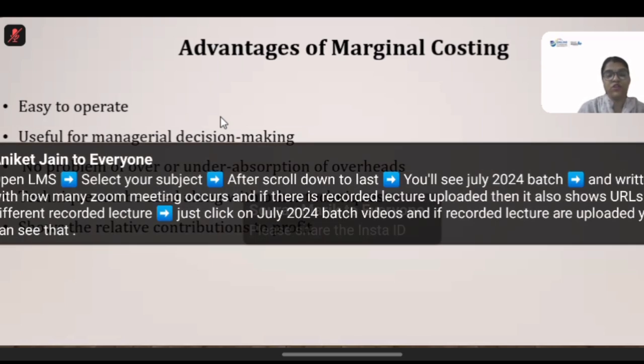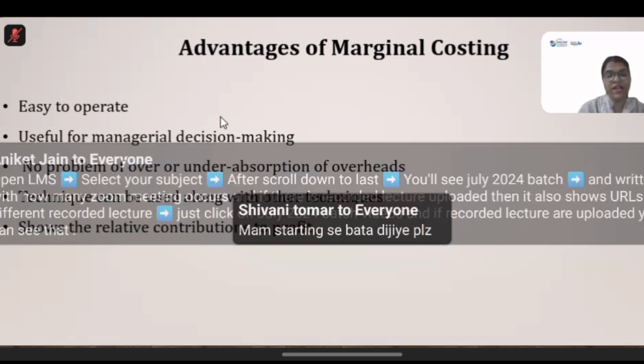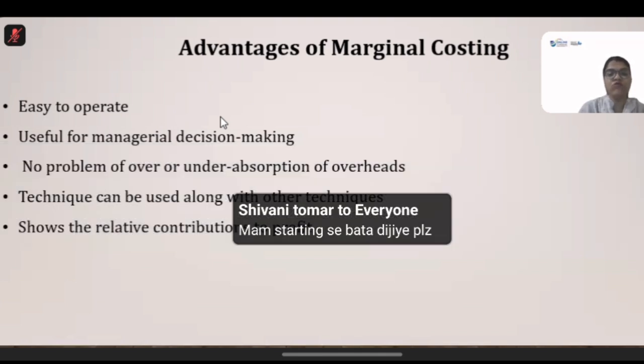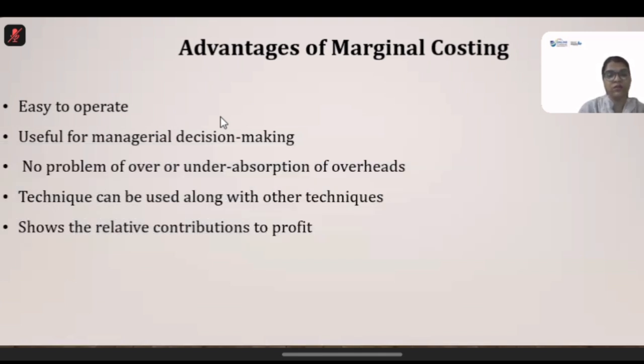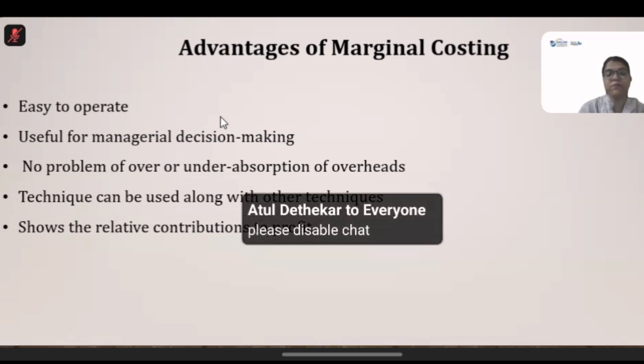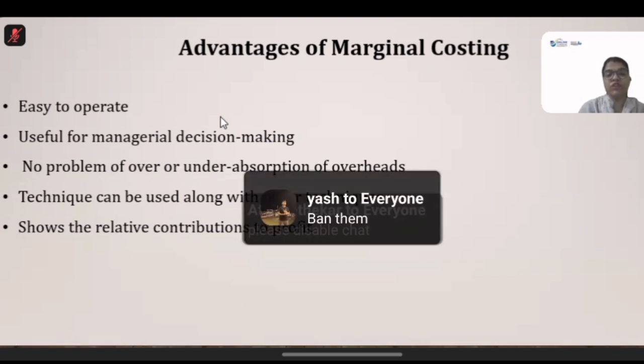Tarini, you want me to remove you from the class? What is this Instagram ID and all? You're not allowed to use this over here. Saurav, you all are here for learning, not for Insta IDs. If you want something personal, you can move out of the class.